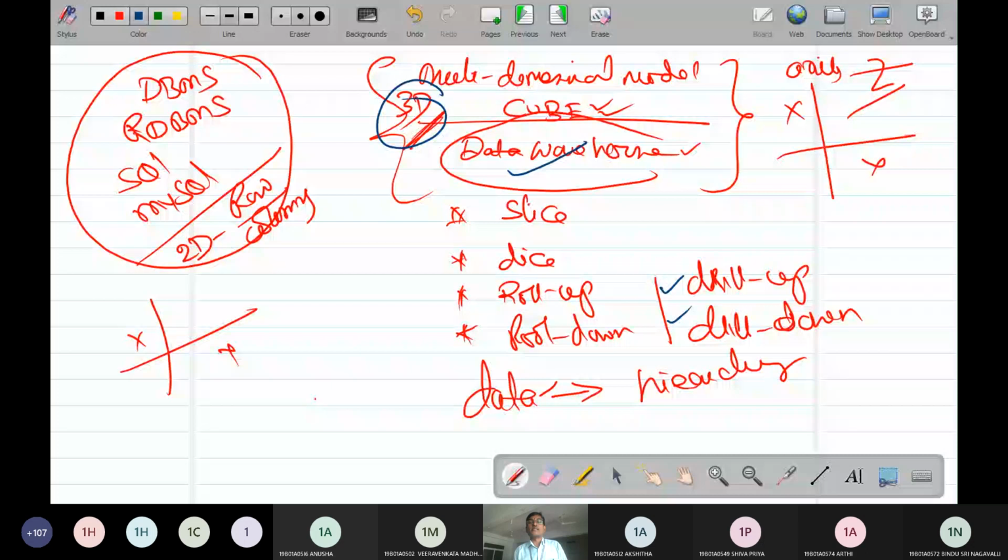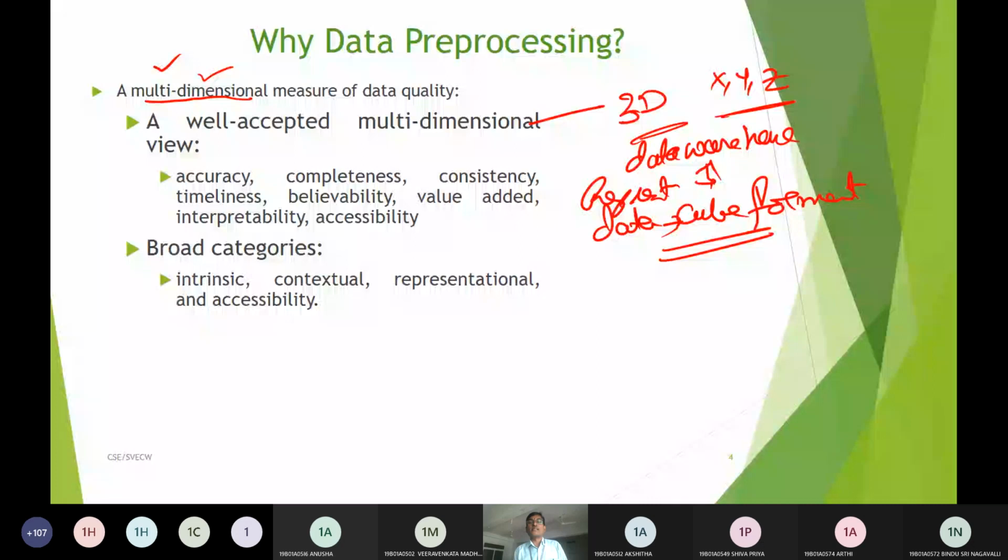Fine. The next thing, what will be the characteristics of those items? First thing, it is accurate. Accurate in the sense that the appropriate results the mining is going to give will be 100% correct. Next one, the amplification we are going to derive will definitely be complete.